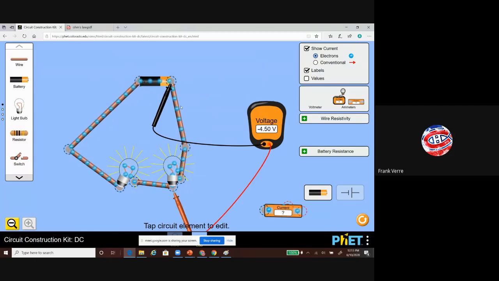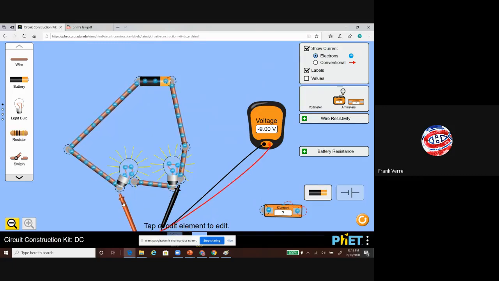I can put my probes here and here. Oh, that's interesting. Notice the voltage is not 9 here. It's 4.5. I can put the probe here and here to see the voltage at this light bulb, and it's also 4.5.